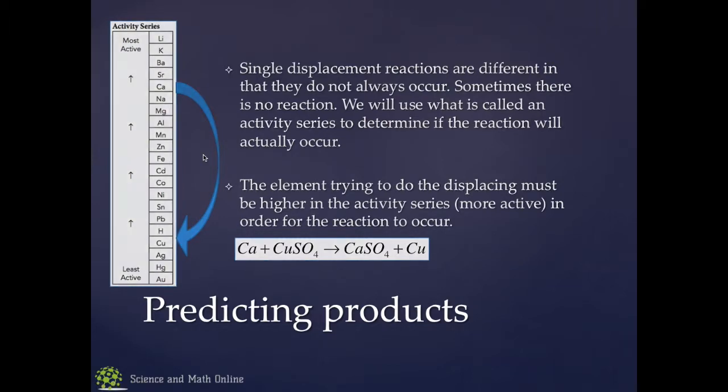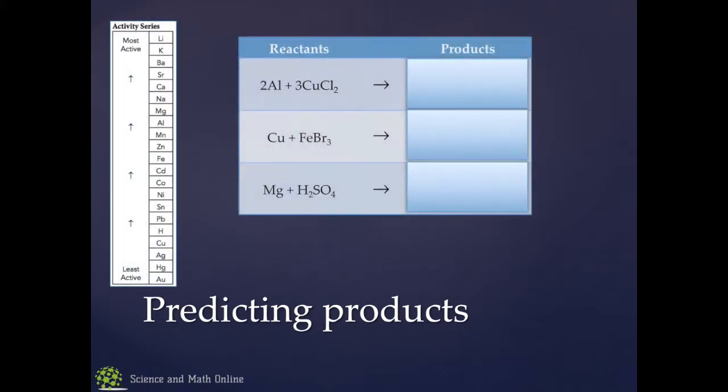Using that activity series, we can predict some products. So we've got aluminum trying to cut in with copper. We find aluminum on our list right here, and copper down here. Aluminum is higher than copper, so this reaction will occur.